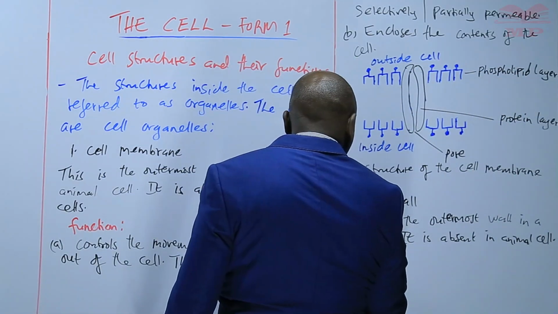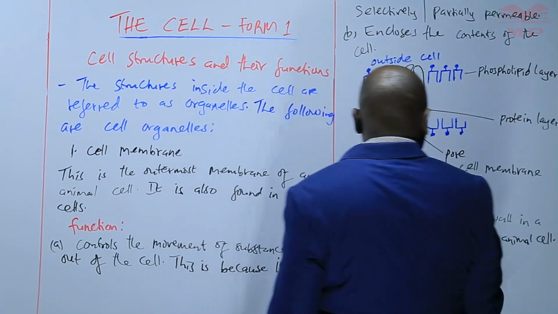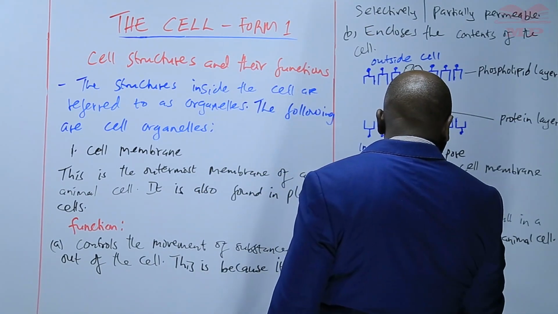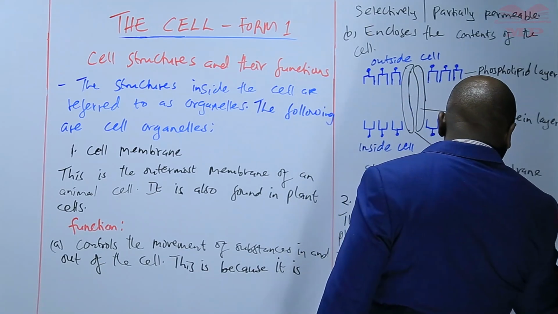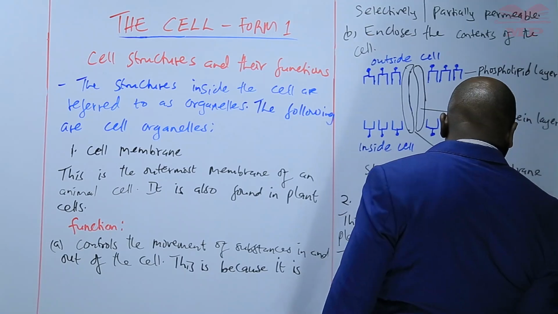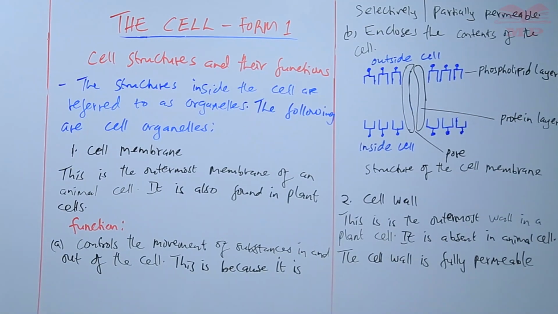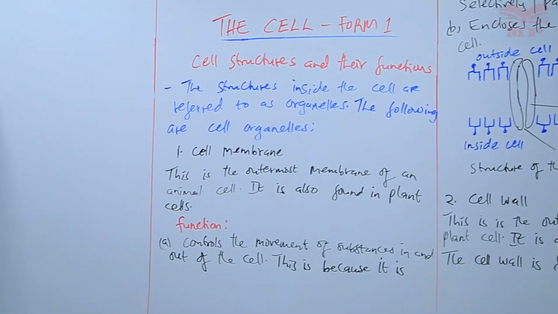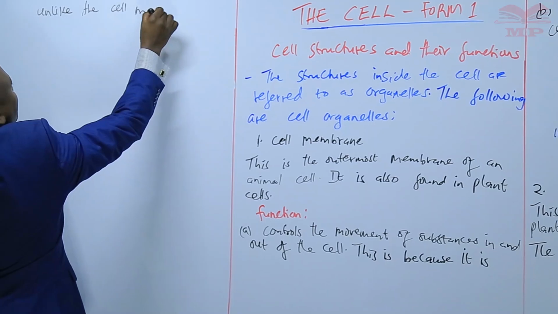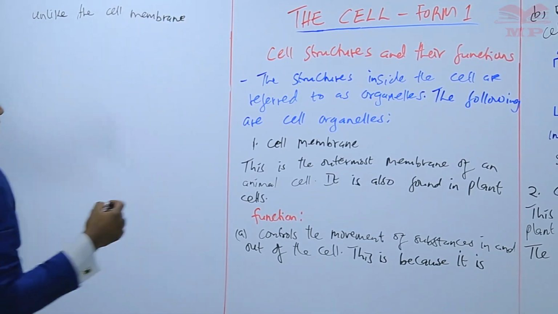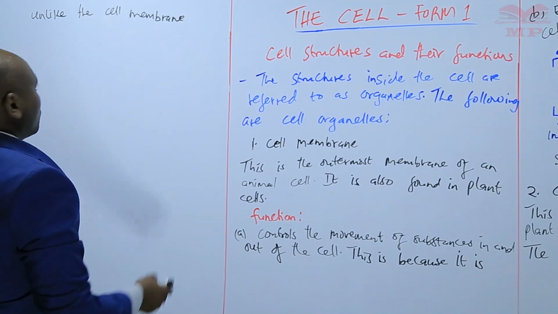The cell wall is fully permeable, unlike the cell membrane. It doesn't control the movement of substances in and out of the cell.